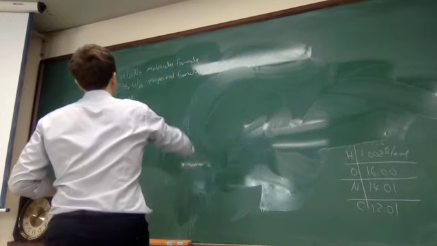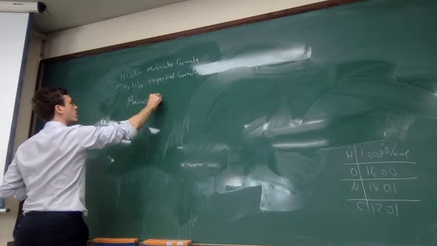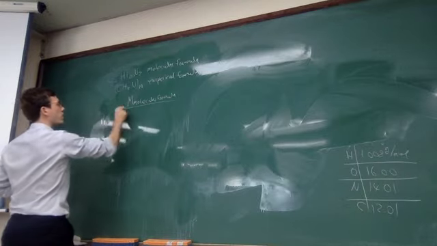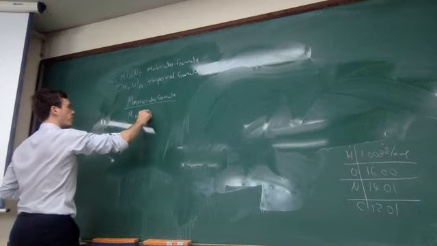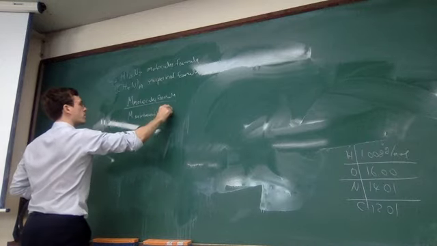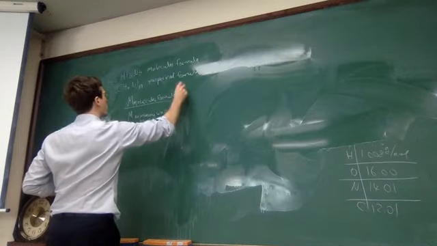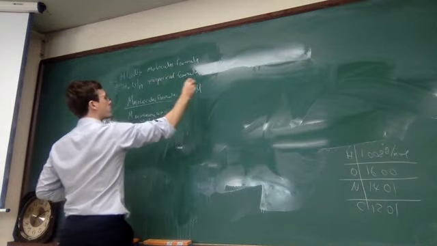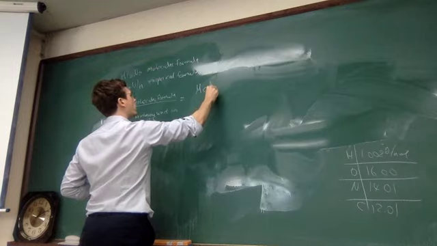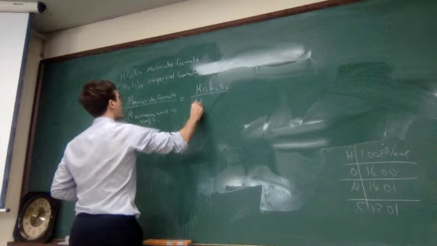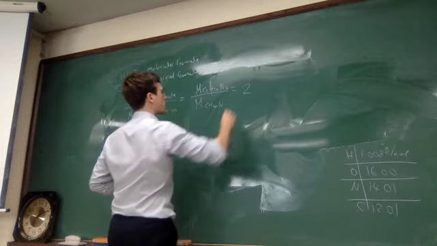So take the mass according to the molecular formula, divide by the mass of the minimum unit in the empirical formula. That means we calculate the molar mass of C2H10N2 and divide by the molar mass of CH5N. And what we get in this case is 2.